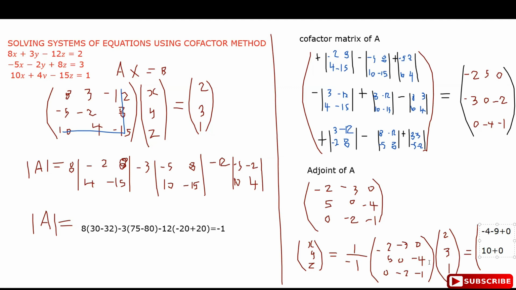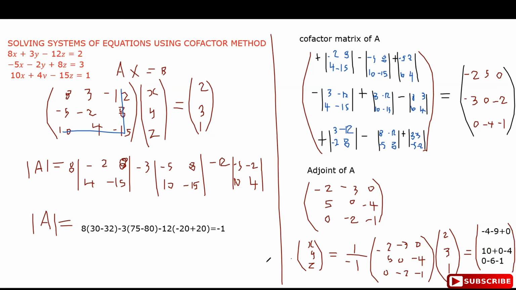Then minus 4 times 1 is minus 4. Then we go down again. Finally, 0 times 2 is 0. Then minus 2 times 3 is minus 6. Then minus 1 times 1 is minus 1. That's what we get in the final column.